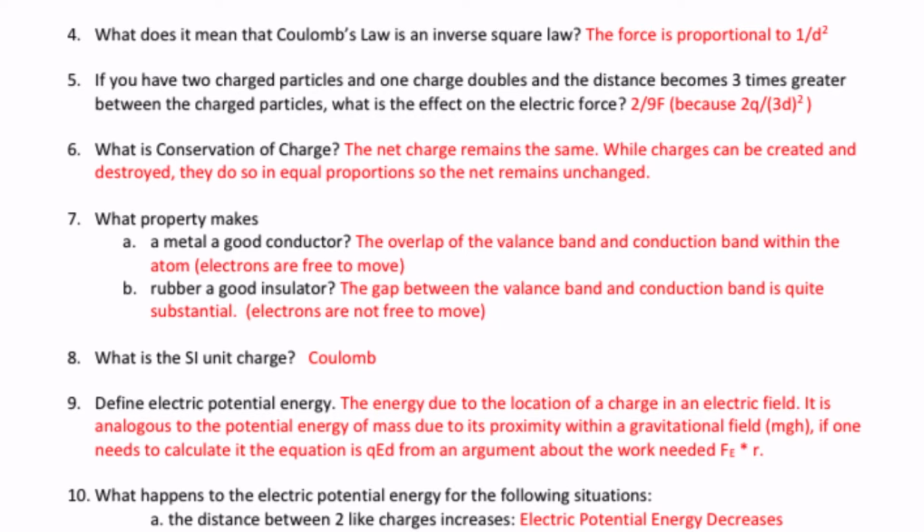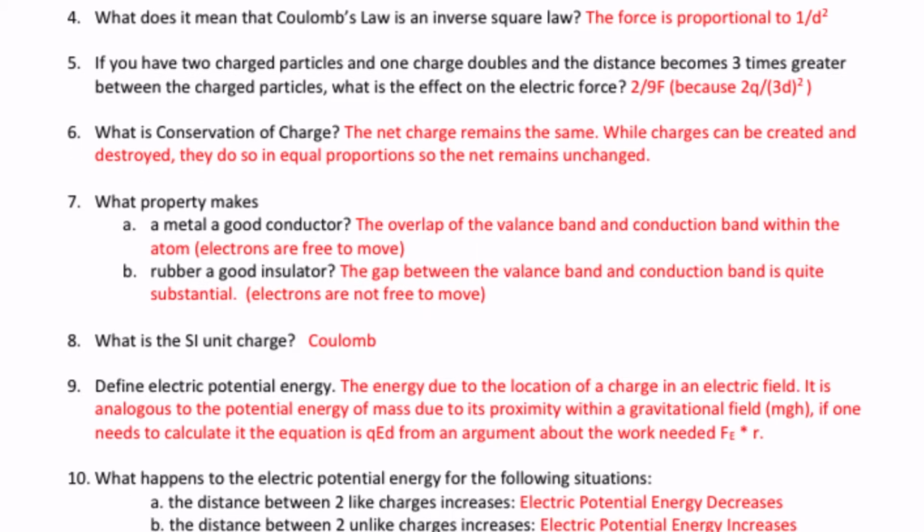Inverse square law basically means you have to square it and inverse it. So if they're asking how your force would be affected if your distance was tripled, remember you would square it, so 3 squared, and then inverse it, so 1 over 9. That's really what the equation 1 over d squared is describing.